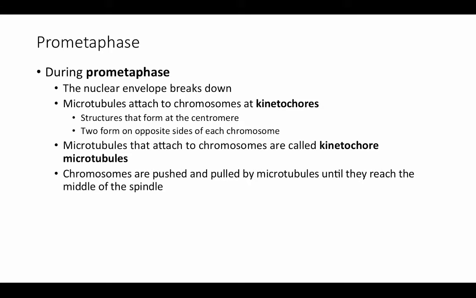To pull them back, they're going to disassemble some of that polymer chain to make it a little shorter, to pull it back toward the centrosome, or the microtubule organizing center. So the job of these kinetochore microtubules is basically to push and pull and make sure that these chromosomes are in the right location in the middle of the mitotic spindle.